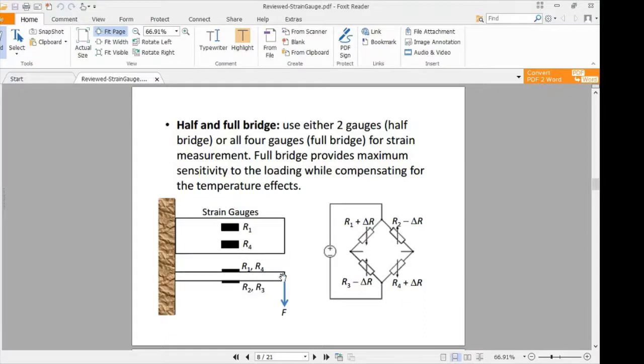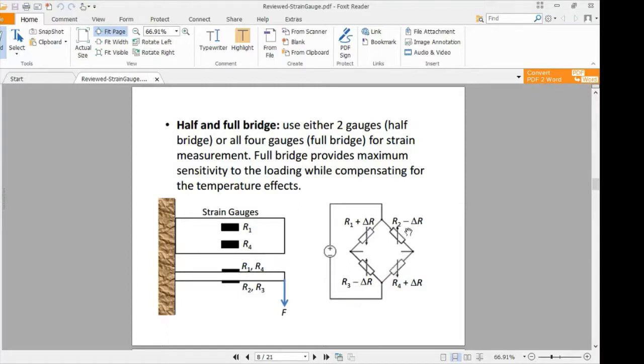As the force is applied onto this beam, the top side of the beam will experience tension, whereas the bottom side will experience compression. Therefore, the resistors at the top will experience a positive resistance change, and the same goes for the fourth strain gauge.